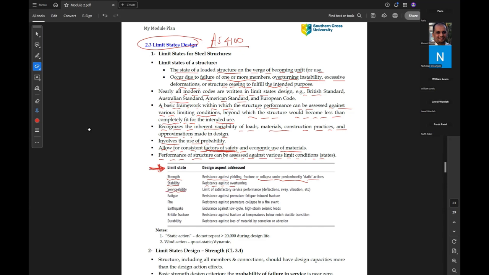Also serviceability, which is the limit of satisfactory service performance, including deflection, sway, vibration, and so on. In our course, we are mainly looking at strength and serviceability. So this is the main limit state condition. Other limit states include fatigue, fire, earthquakes, brittle fracture, and durability.